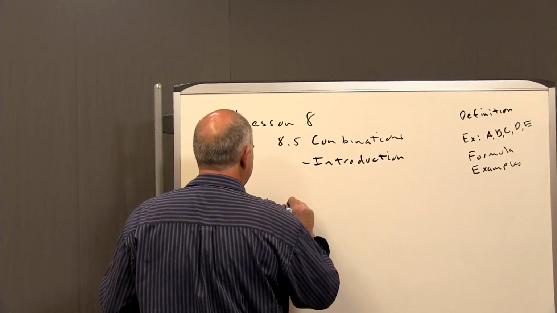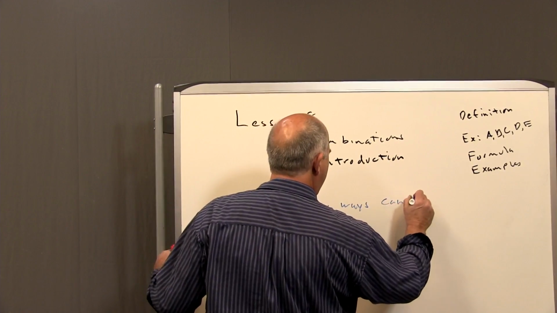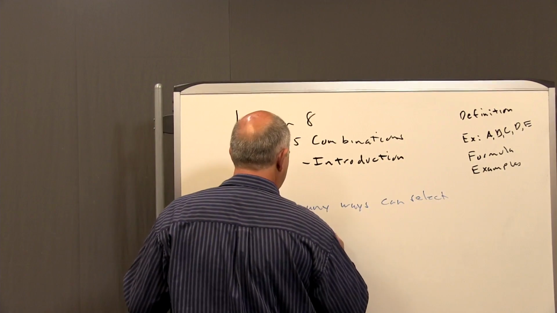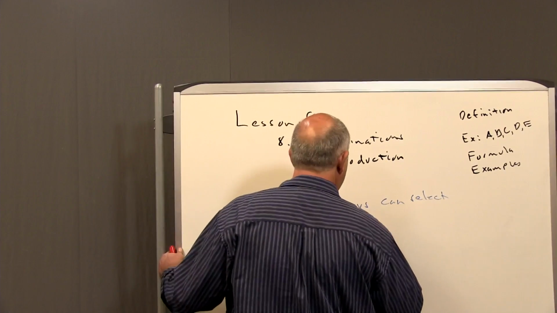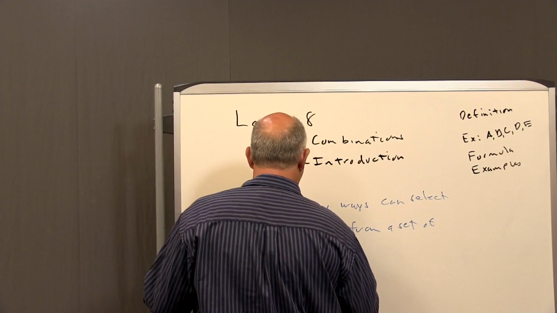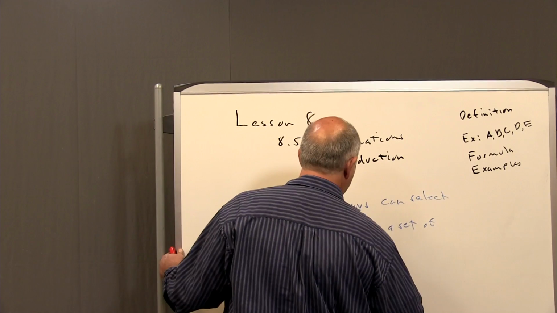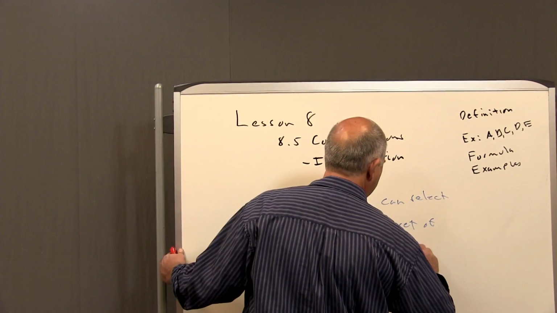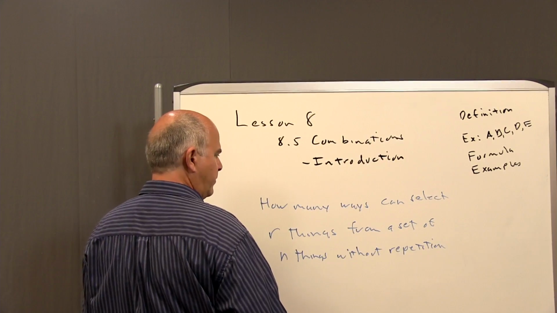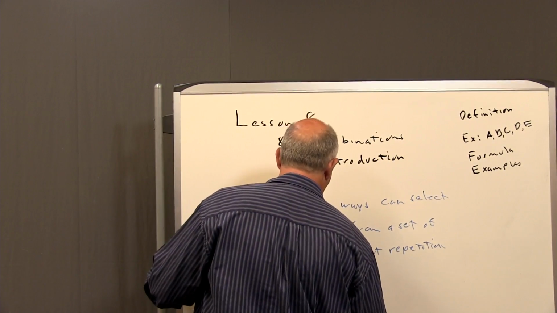How many ways can you select R things from a set of N things without repetition, and where order is not important.